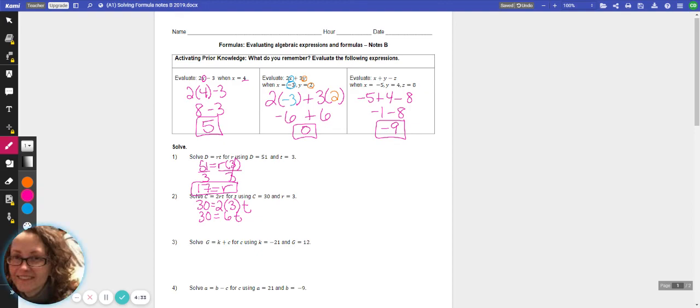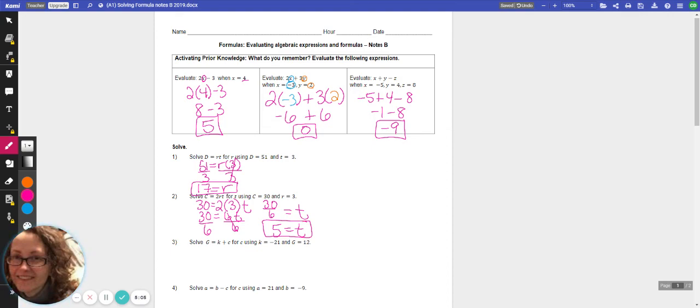And then I want to divide by 6 on both sides. So we get t on the right side and 30 over 6, which does need to be simplified, to 5. And that's it.